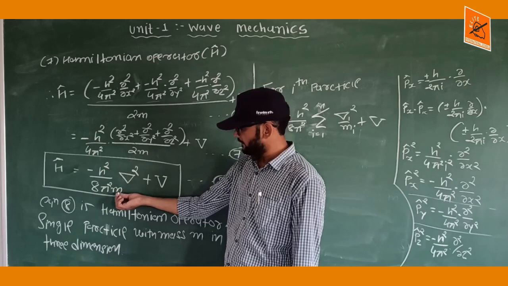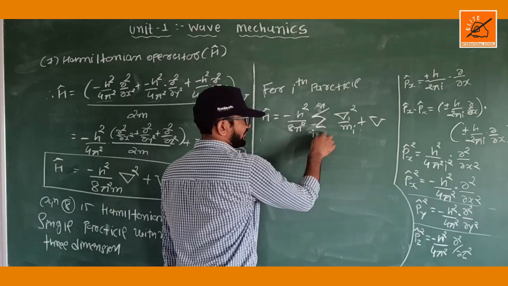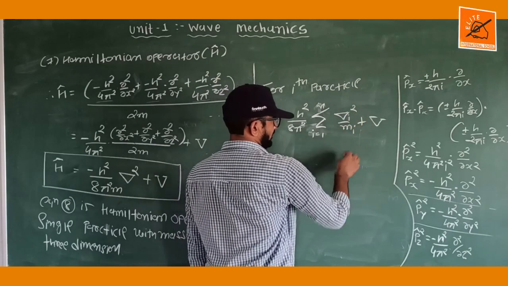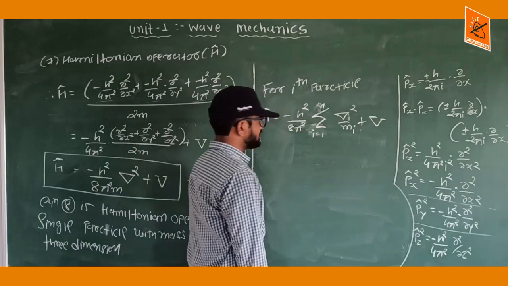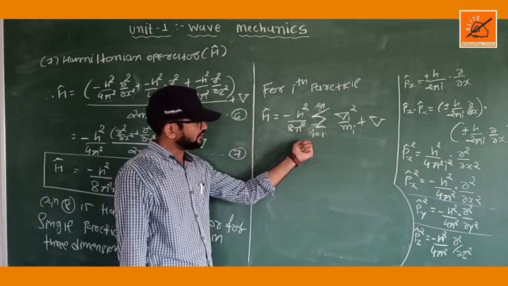For more than one particle, the mass becomes a summation over i from 1 to n of del i square upon mi, plus capital V. So this equation indicates the Hamiltonian operator for i number of particles.